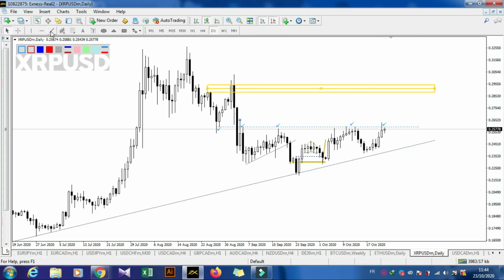So the price is going to break from here to here for sure. We have another expected key level, the price retests and goes here. We don't care much what happens in here.